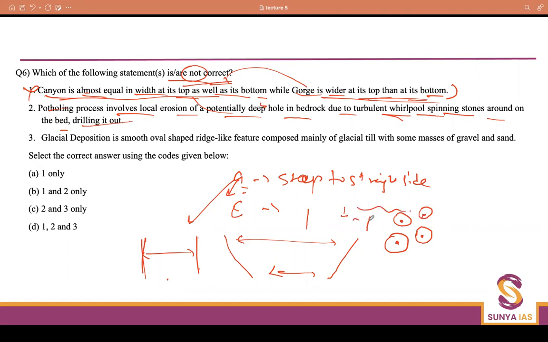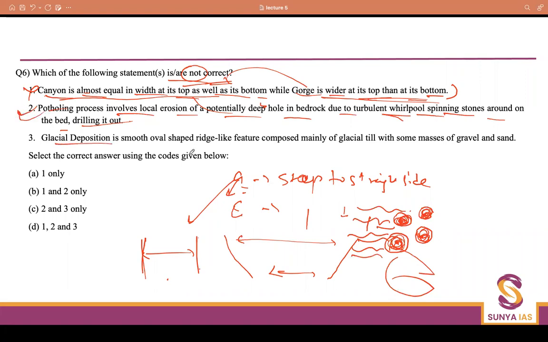When running water flows over it, because of the force of the water, these materials start to spin and roll over, and they erode the holes. These potholes get eroded, and the size keeps on increasing, and finally all the materials are eroded. So this second statement is correct.